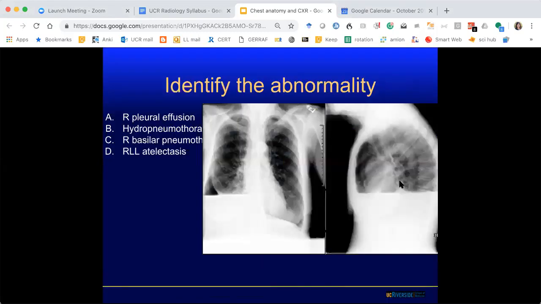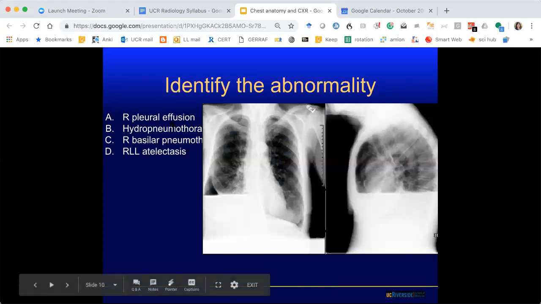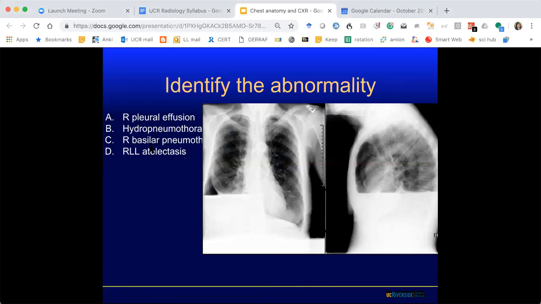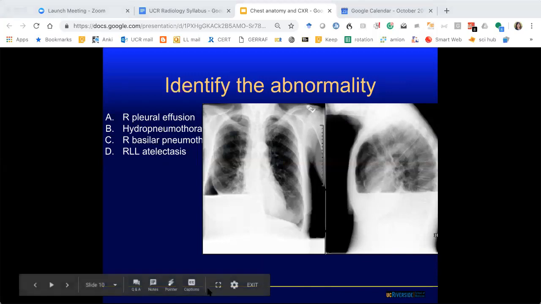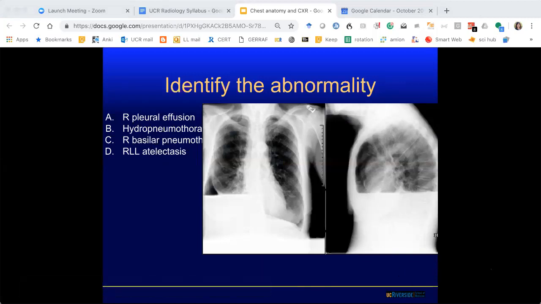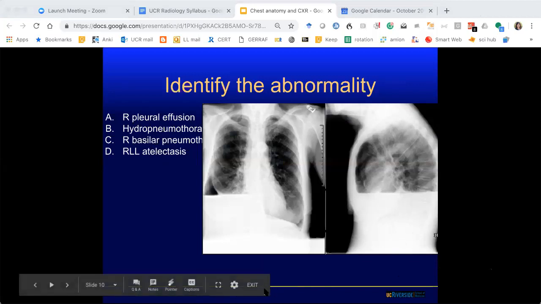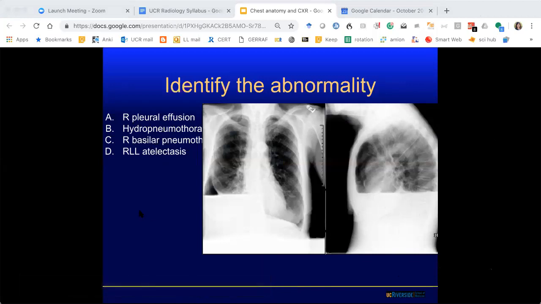Okay. Identify the abnormality. So we have a frontal and a lateral radiograph. What is the abnormality? Right pleural effusion, hydropneumothorax, right basilar pneumothorax, or right lower lobe atelectasis? Any guesses? This is an interactive section, so we think it's a right pleural effusion.